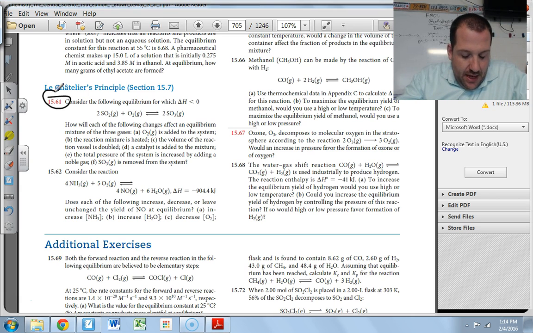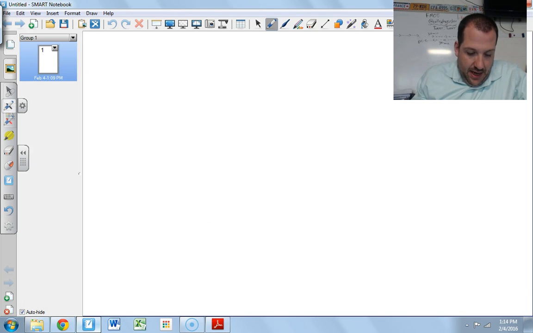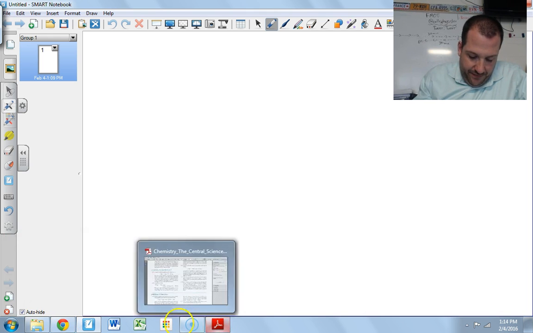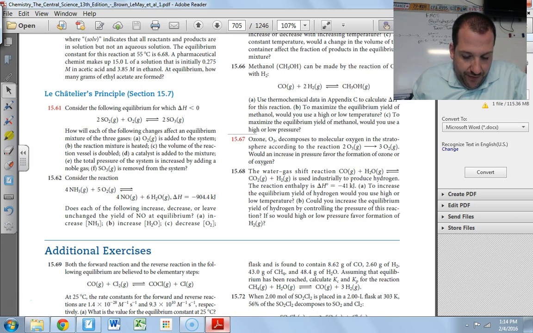It says, how will each of the following changes affect an equilibrium mixture of the three gases? So I'll pull this up. This is chapter 15, question 61.